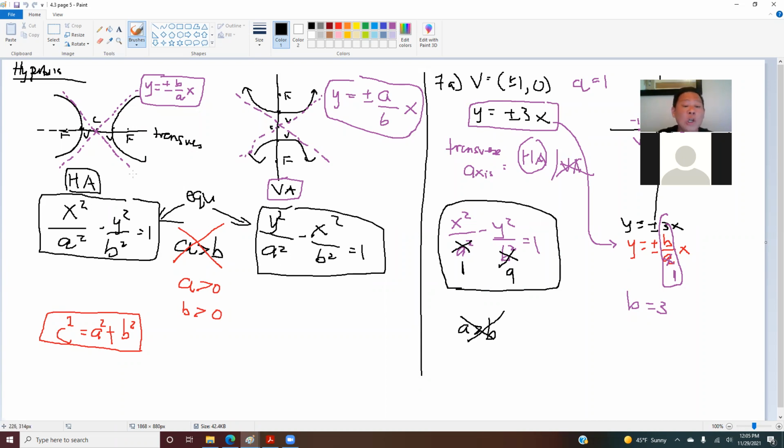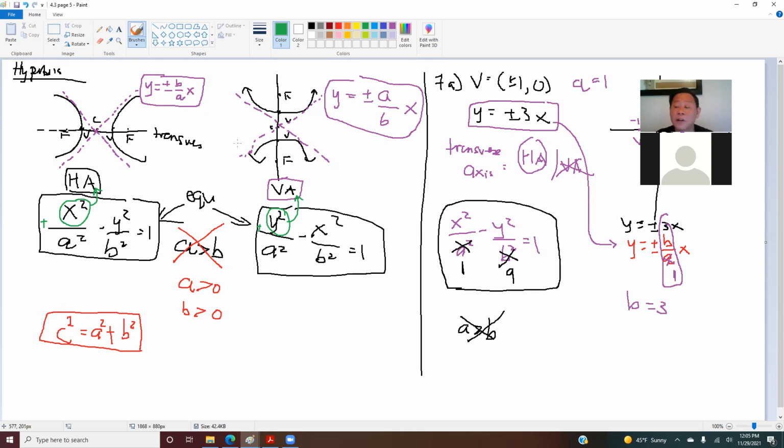How do we know which one is vertical and which is horizontal? It depends on which variable comes first. If x squared is positive and y squared is negative, then it is a horizontal axis. But if y squared is positive and x squared is negative, then this is vertical, and you will have vertical asymptotes.